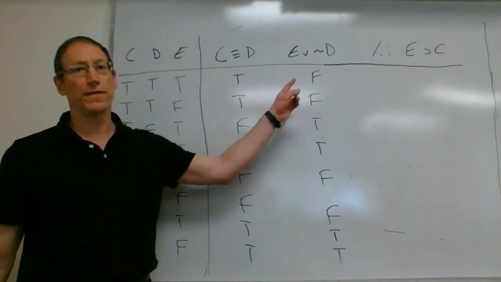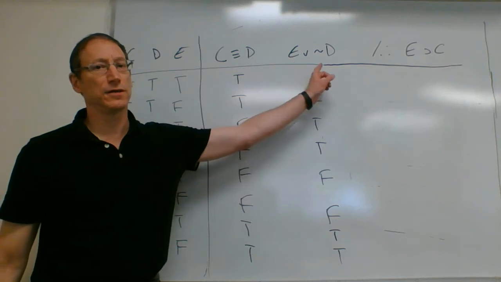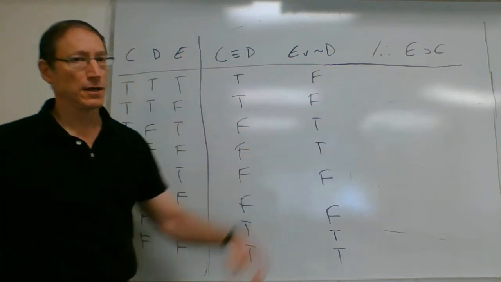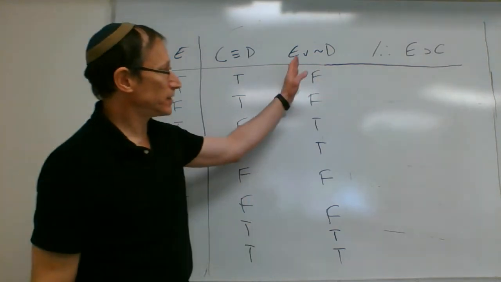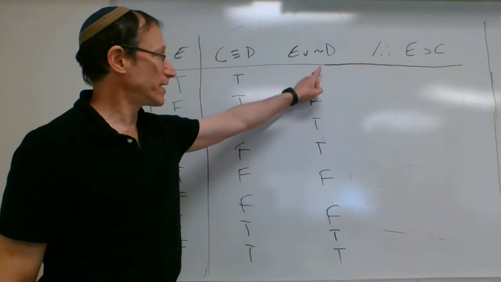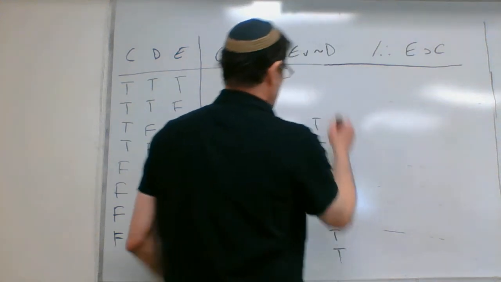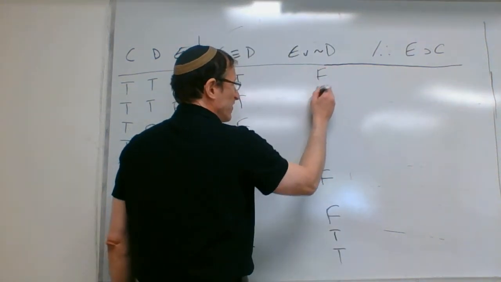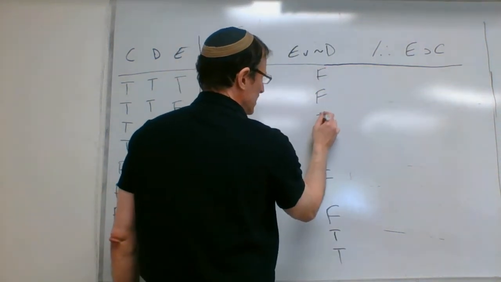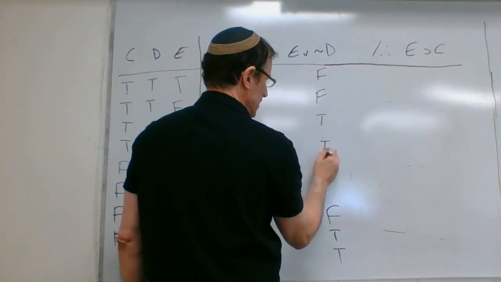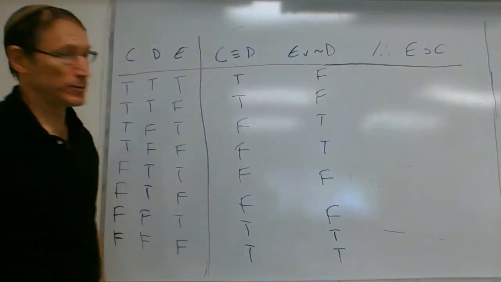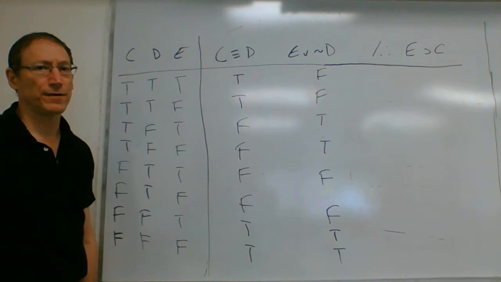I'm trying to write that row under the tilde over here. Okay? It looks like I've written it a little bit under the wedge, but this is the value of not D. Maybe I'll move this over, make this clear. This is F, F, T, T. All right, that's the value of not D all the way down.